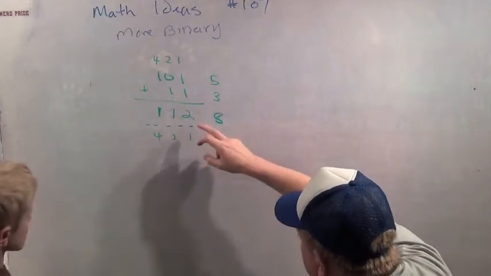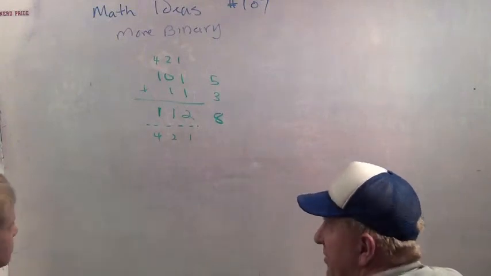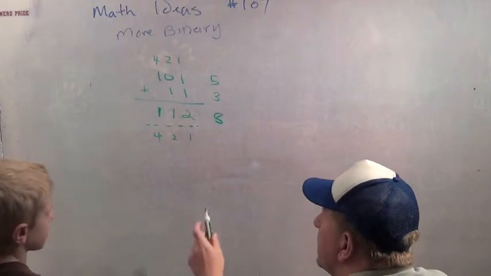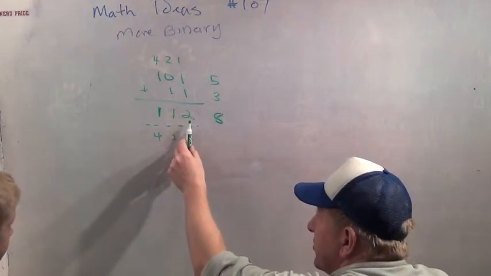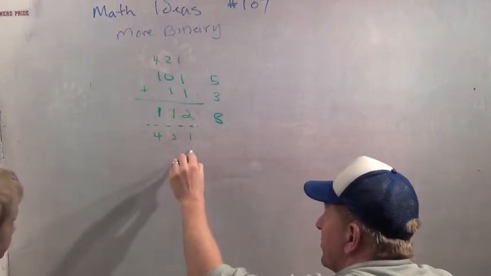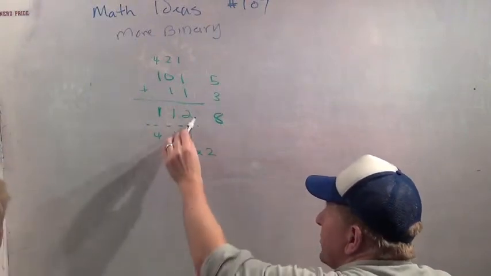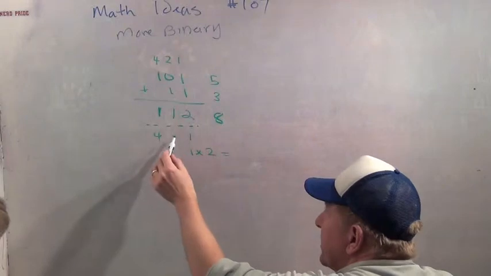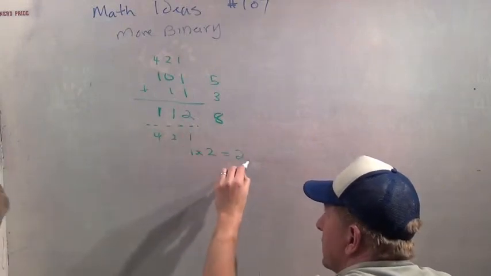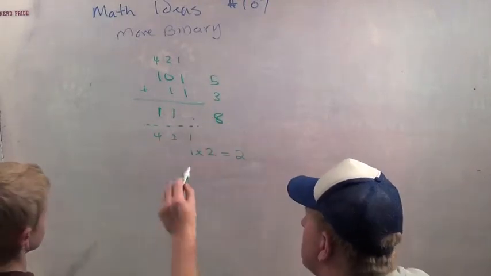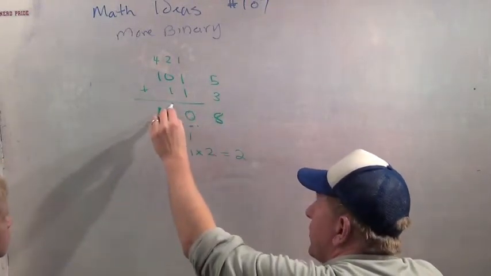So what did we do when we had two duplo blocks stacked on top of each other? We shifted it over and made it a 1. We make this 2, which is 1 times 2, we shift it over and make this a 2 times 1. So we make this a 0, and we add 1 over here.